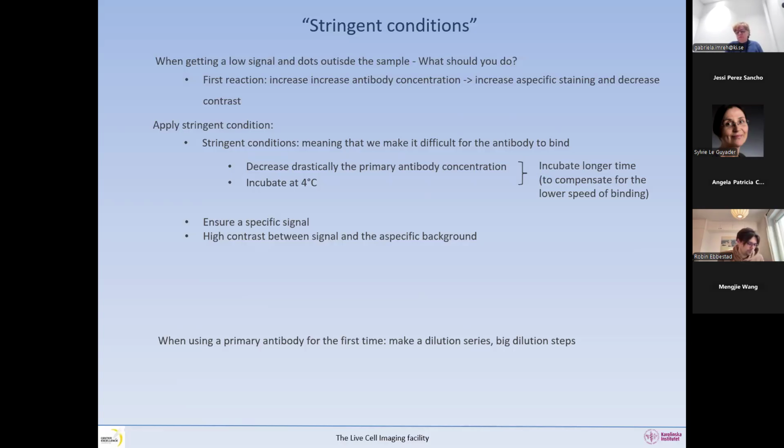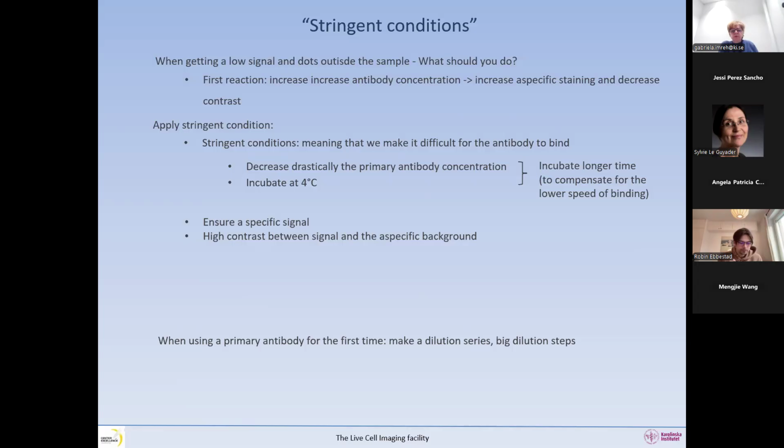So what should we do? Well, as we already heard before in Sylvie's lecture, we should apply some stringent conditions. By stringent conditions, we mean that we make it difficult for the antibody to bind. That means we decrease drastically the primary antibody concentration, we incubate it at 4 degrees, and to compensate for the low temperature, we incubate it for a much longer time, usually overnight in the cold room.